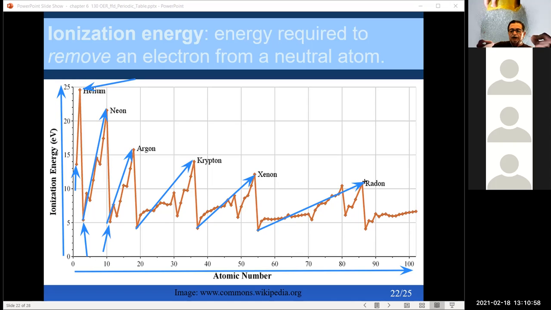So the ionization energy decreases, and even within the same period it basically almost flattens out. So that's the general trend of the ionization energy, which is the amount of energy necessary to remove an electron from a neutral atom.